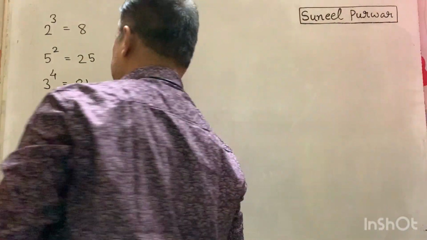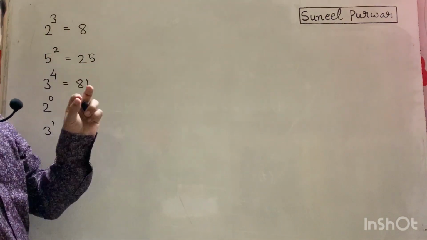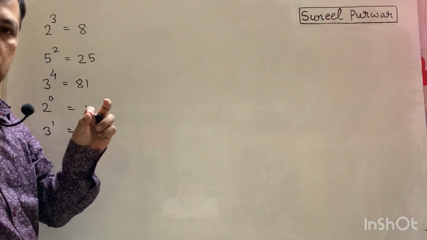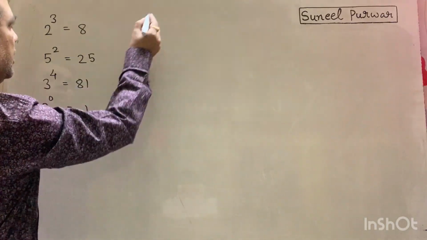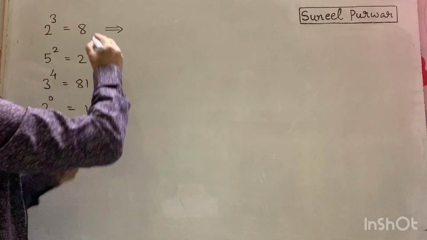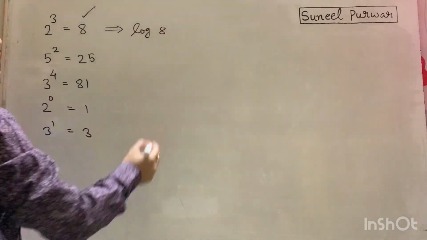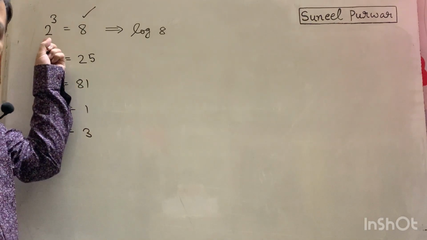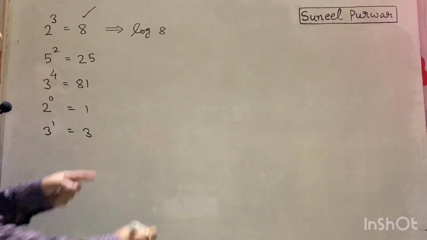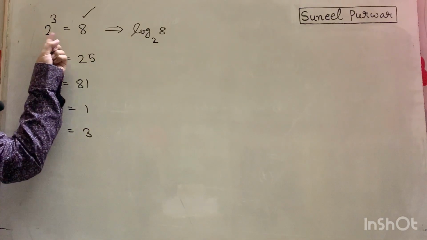You will see. When you say 2 power 3 is equal to 8, the same information can be processed in this way by saying log of this number 8 at the base of, what is the base of exponential here? 2, at the same base. Whatever is the base for the exponential, same base.